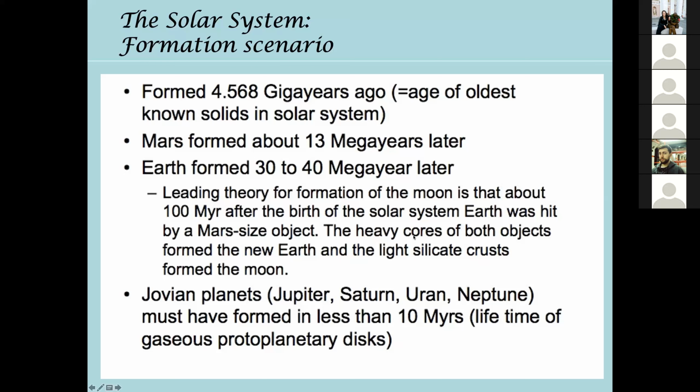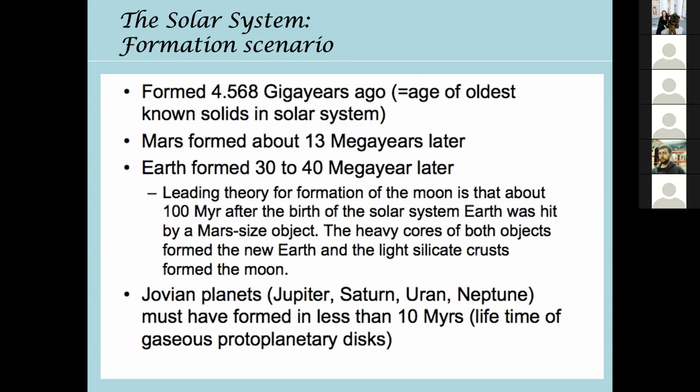It's fascinating from my point of view to think about these early phases of the Earth, also because we know that life started very soon after the formation, after this impact.